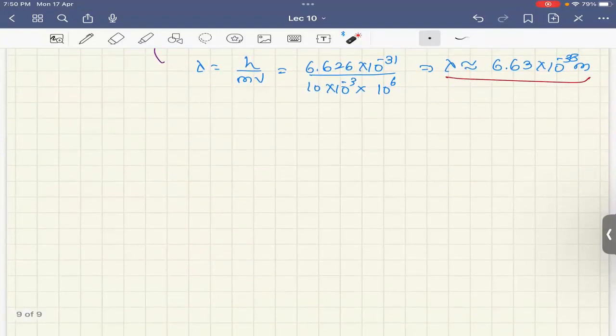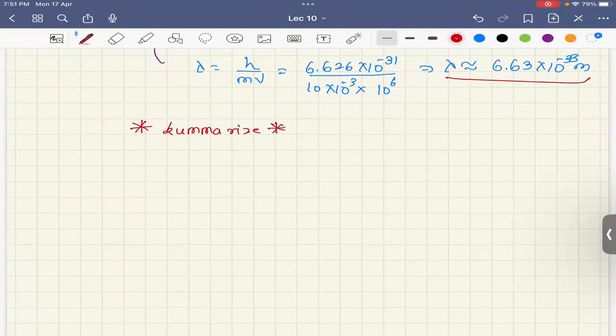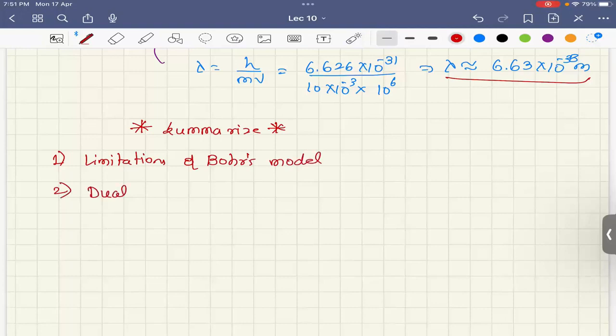And in the next class, we are going to study Heisenberg's uncertainty principle, right? So in this class, let us summarize what we have seen. We have seen the limitations of Bohr's model, right? Then we have seen the dual nature of particle.